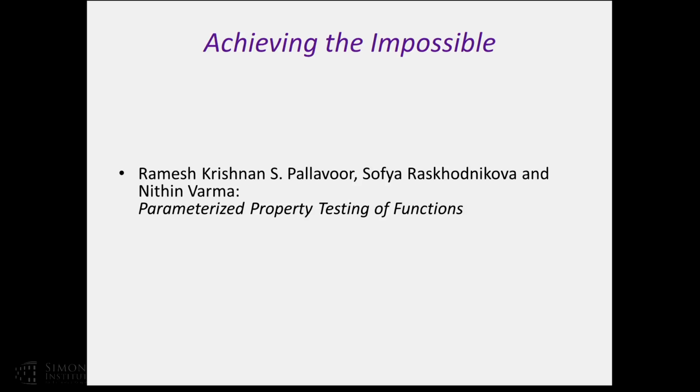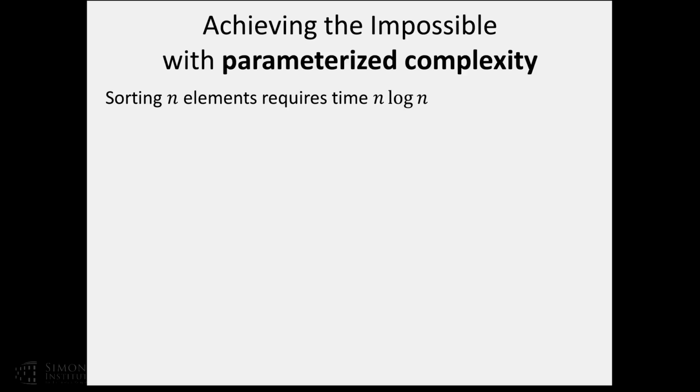Okay, so first paper, parameterized property testing of functions. I'll skip the names, they're long. The only thing that we actually know is impossible is you can't possibly sort faster than n log n, right? That's the only lower bound you see in undergrad. It's the only lower bound we actually have.